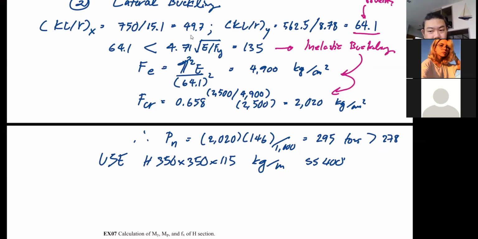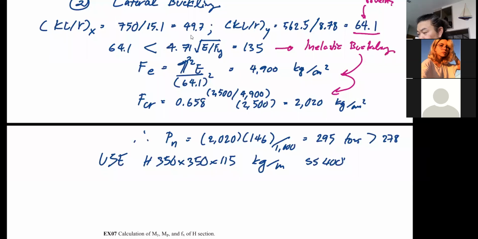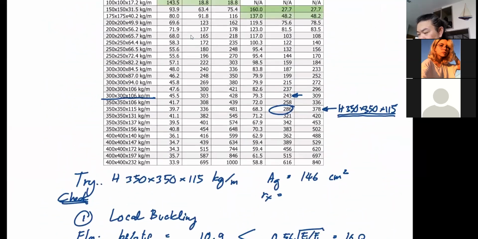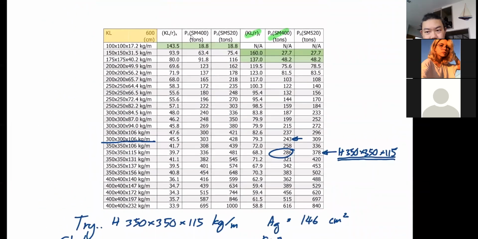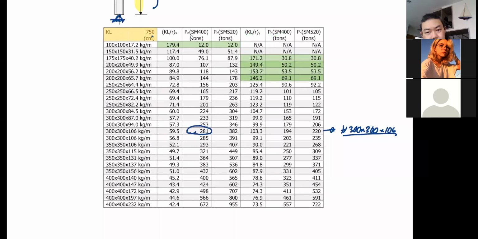Excuse me. Okay. Could you go back to the table, please? Which table? This? No. The table in the example. Okay. This is the excerpt from OA, which I already posted for you guys. So I just hit the KL equal to 600 table, and then this is KL equal to 750. Which one do you want to see?